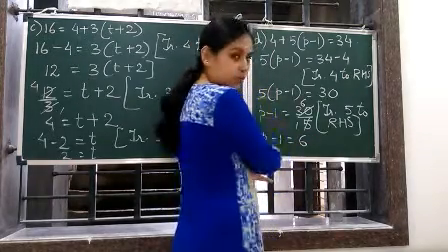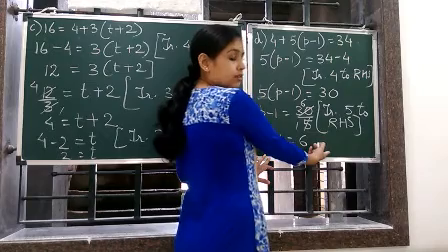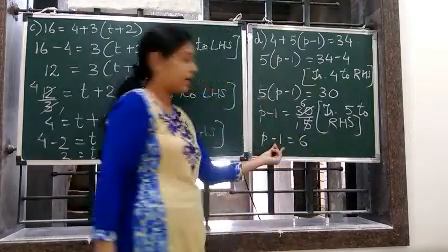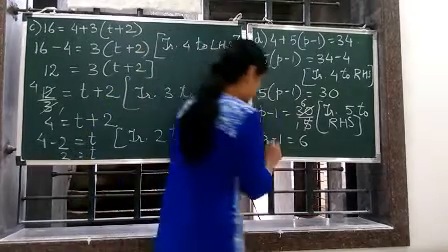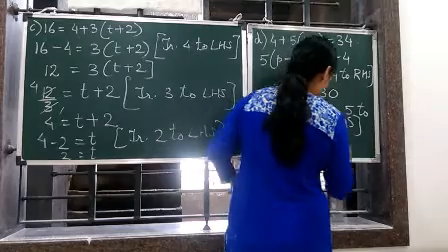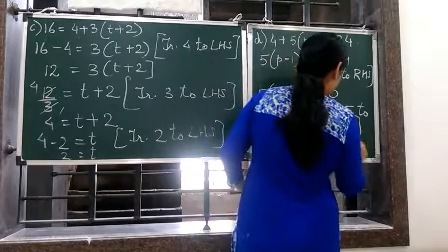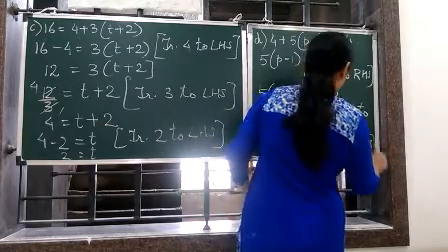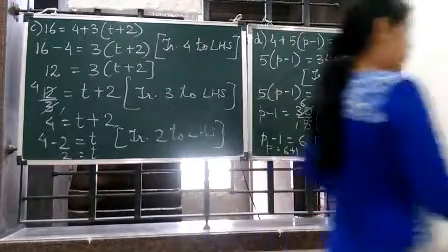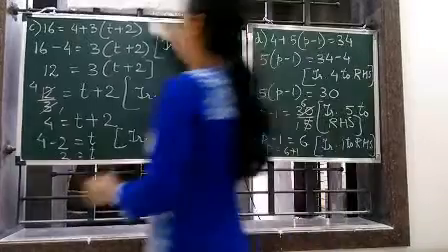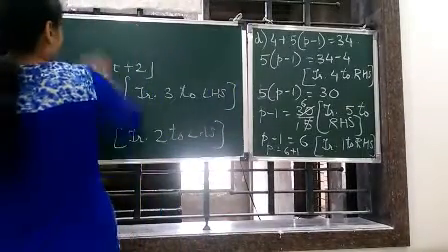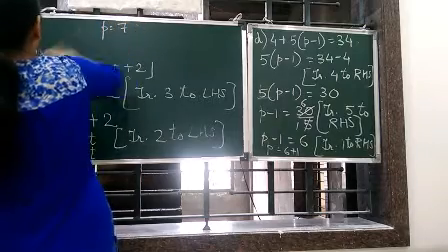Now transposing this one to the RHS again. Okay. So it is minus 1. It becomes plus 1. So we write here transposing 1 to RHS. Okay, so the value of P comes out to be 6 plus 1, that is 7. So P is equal to 7.